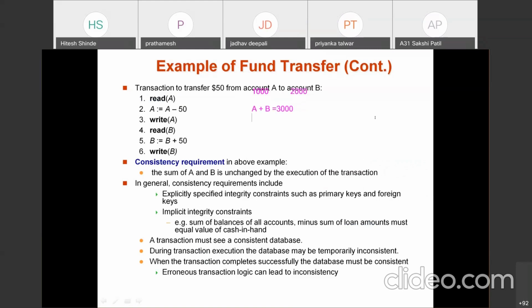And after the execution of the transaction, A becomes 950 and B becomes 2050. So A plus B is equal to 3000, means the data should be consistent. Whatever the state prior to the execution of the transaction and after the execution must be the same. Okay, everyone clear? That is consistency, and the last remaining is isolation.